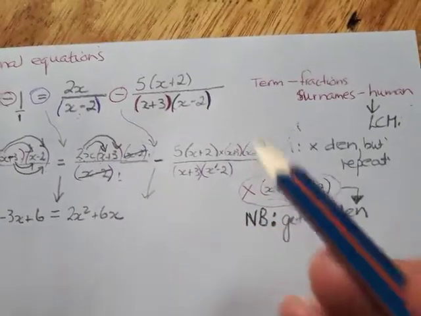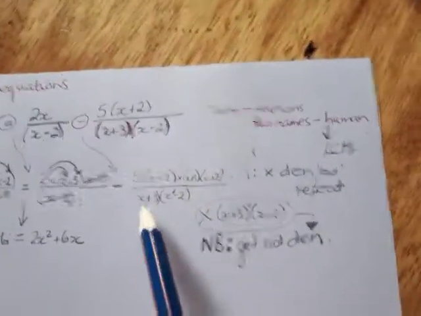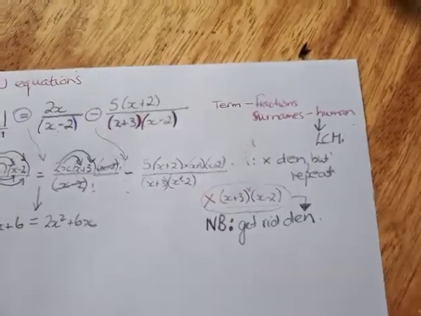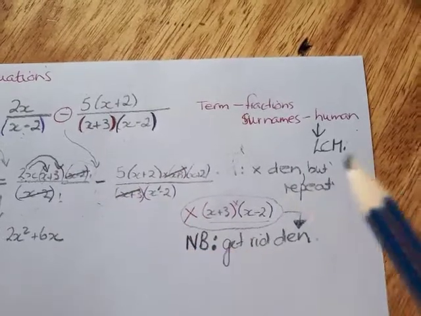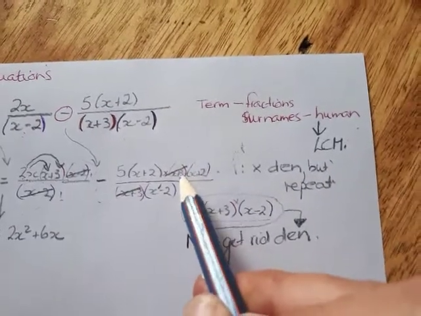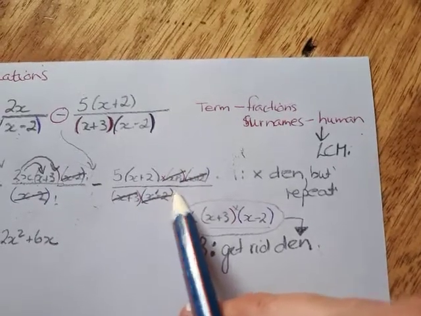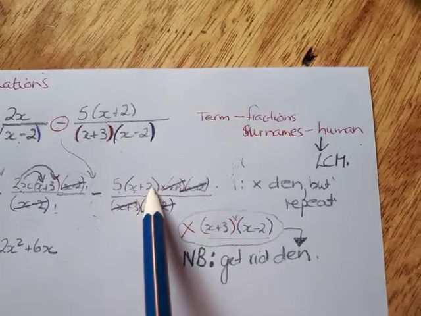Then take down, no, sorry, we are not going to take down the minus, because firstly we have to calculate this. So again, you can see that I've got a red bracket divided by a red bracket, which I can cancel. I've got a purple bracket divided by a purple bracket, which I can cancel. So what remains is the negative 5 times the bracket.